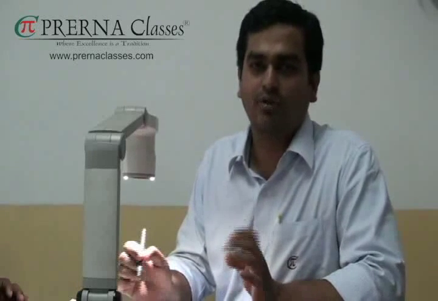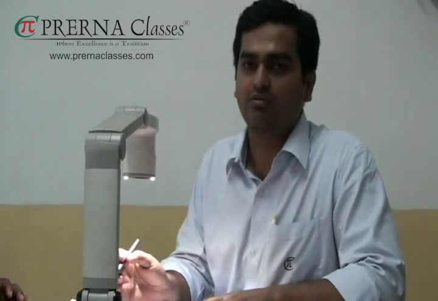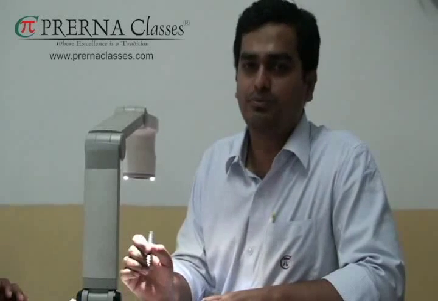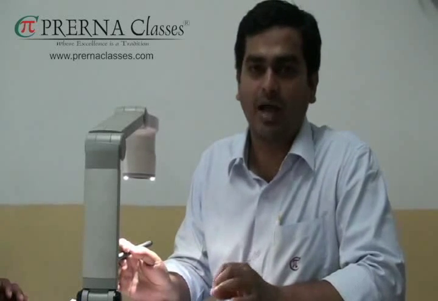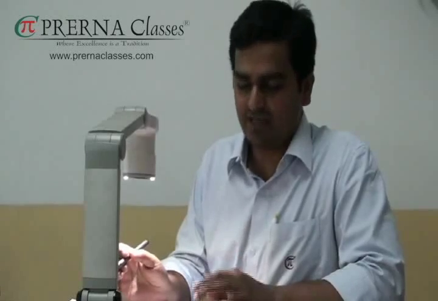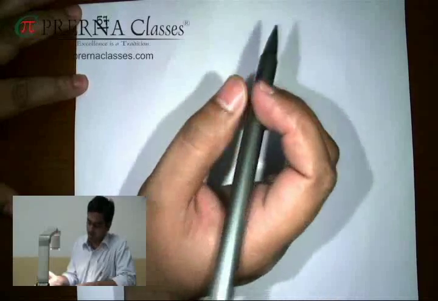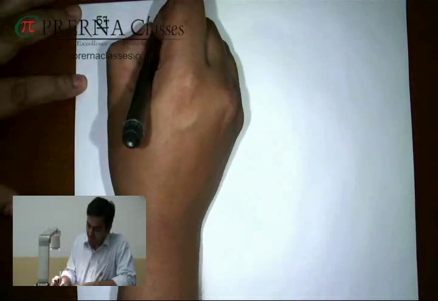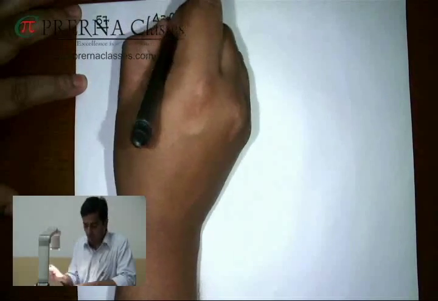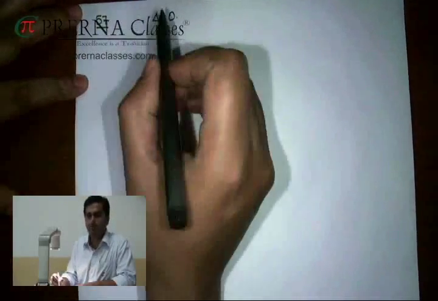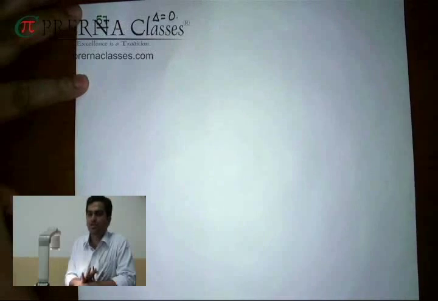Okay, the next problem was related to Cramer's rule, and you have a system of linear equations given, and you have to figure out suitable values of lambda for which that system has a non-trivial solution. By Cramer's rule, I believe all of you are aware that you have to make sure the coefficient determinant is equal to 0.